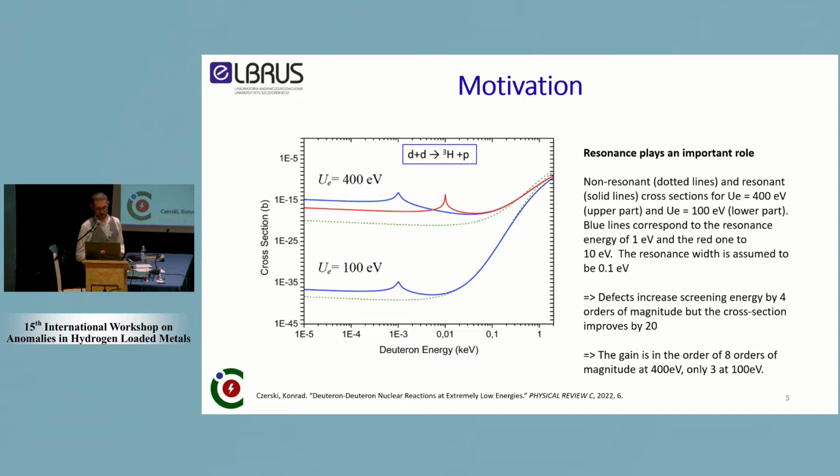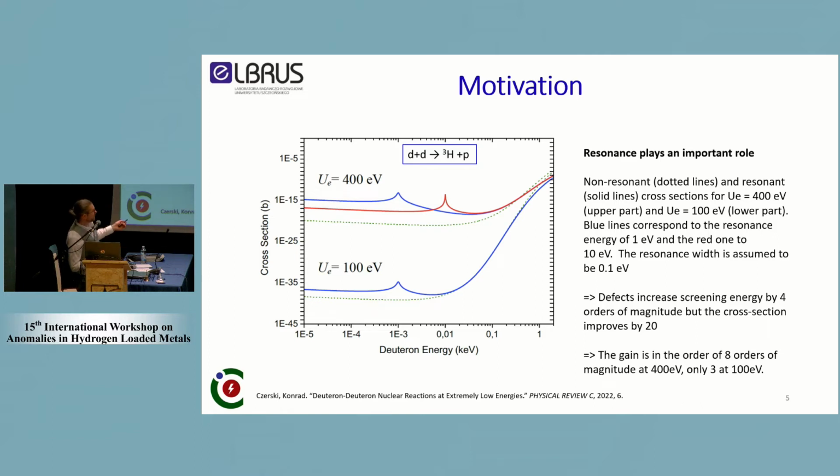Here we have an example of the cross-section of the DD nuclear reaction at two different screening energies, 100 eV and 400 eV. And what we can see is that the resonance aspect plays a major role, in a differentiated way depending on the screening energy that we are observing.